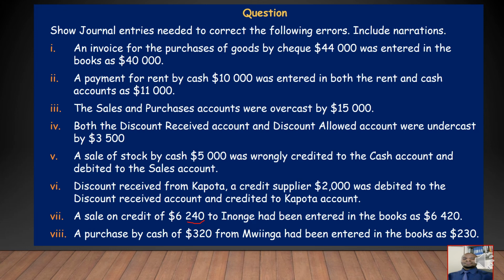Let's look at 240 here, the last 3 digits, and the last 3 digits there. So 2 is supposed to come before 4, but in the way that it was entered, 4 came before 2, and so this caused an error where there was either an undercast or an overcast.